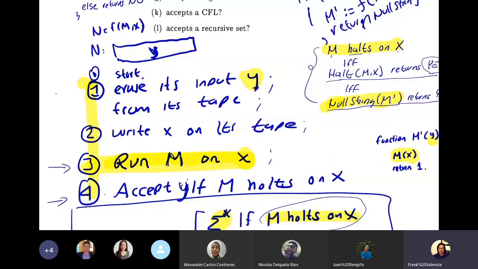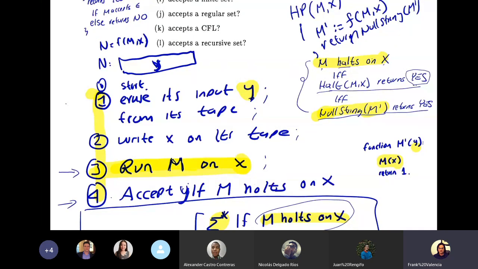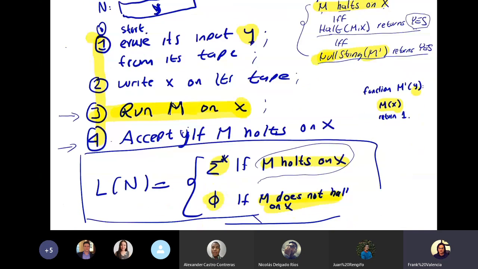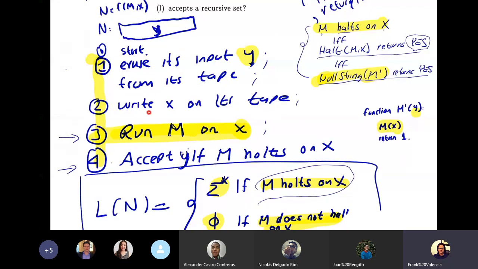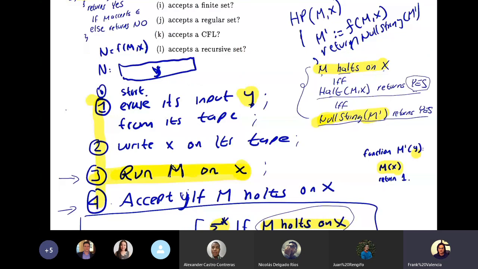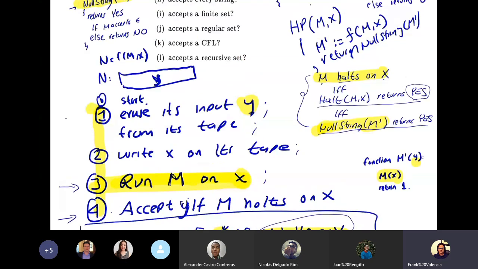We are over time, and I don't know if some people need to go. Okay, so just to finish, Alexander, just think this is the execution of the machine. You have M and X, and you produce a machine N that does these steps that you have here, okay?